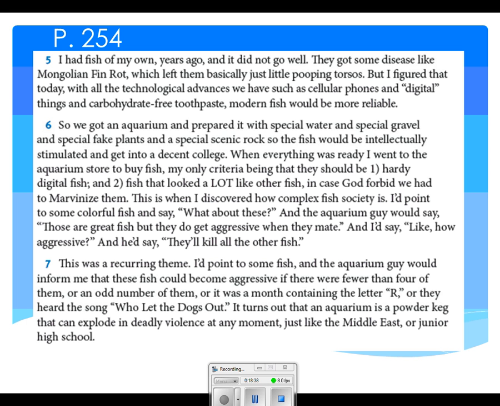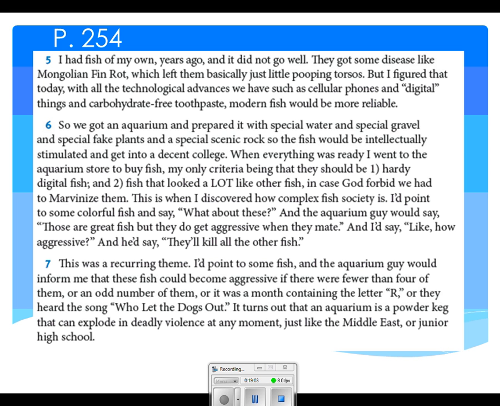This is when I discovered how complex fish society is. I point to some colorful fish and say, what about these? And the aquarium guy would say, well, those are great fish, but they do get aggressive when they mate. And I'd say, like, how aggressive? And he'd say, well, they'll kill all the other fish. This was a recurring theme.